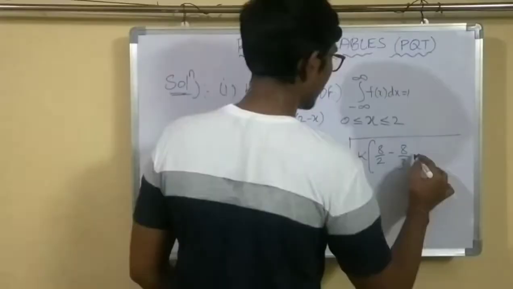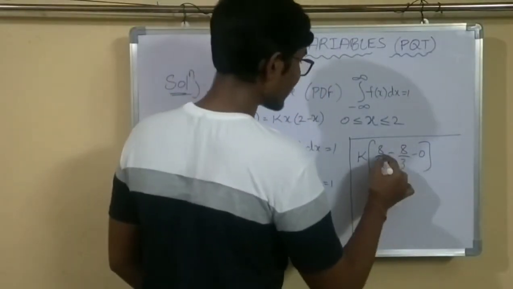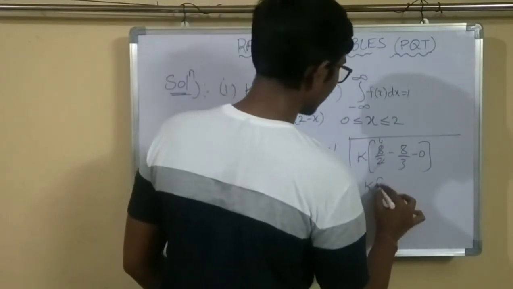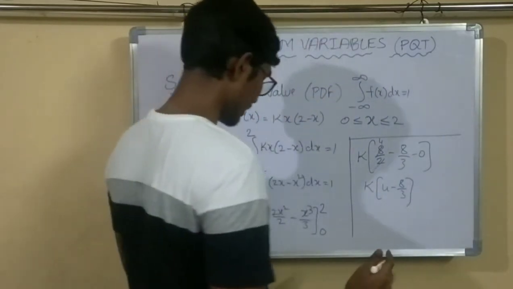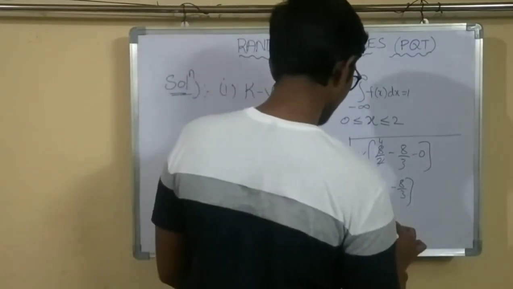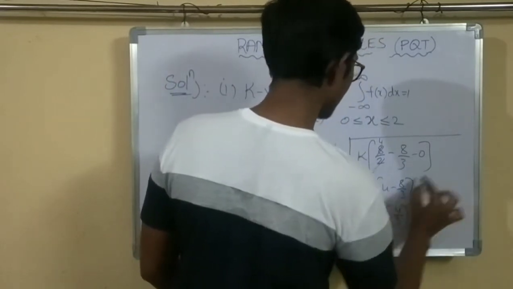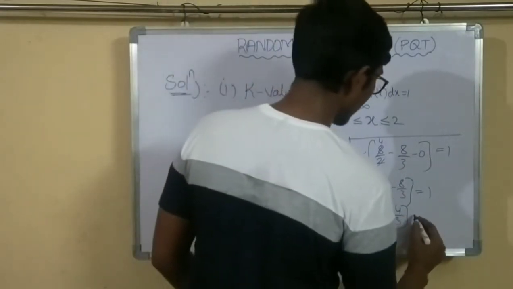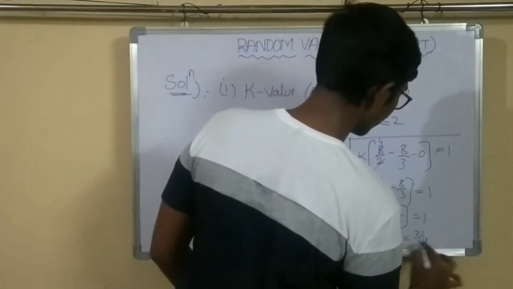Now 8 by 2 is 4, so k into (4 minus 8 by 3). If I simplify this, the value is k into 4 by 3, and it always equals 1. So k into 4 by 3 equals 1, and the k value is 3 by 4.